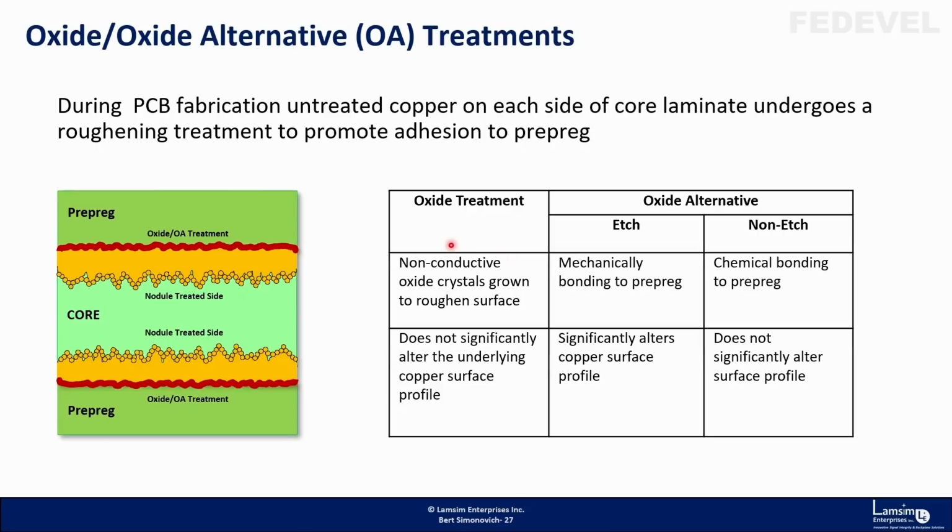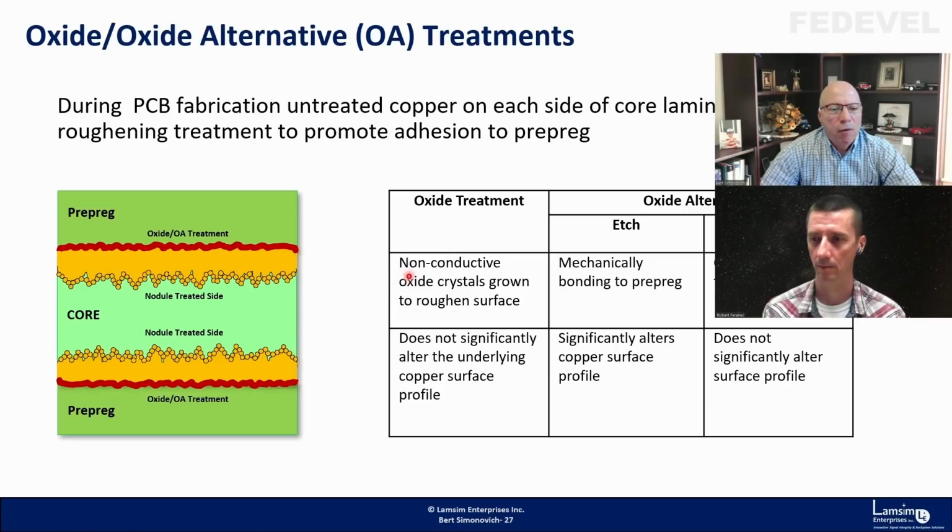And there are different types of treatment: oxide treatment and oxide alternative treatments. For years and years, they've used oxide treatment, but they had reliability issues with oxide, so they've gone away from it. Typically, the oxide treatment is virtually non-conductive, and they grow oxide crystals to roughen the surface.